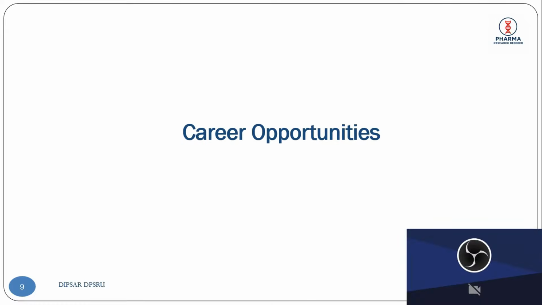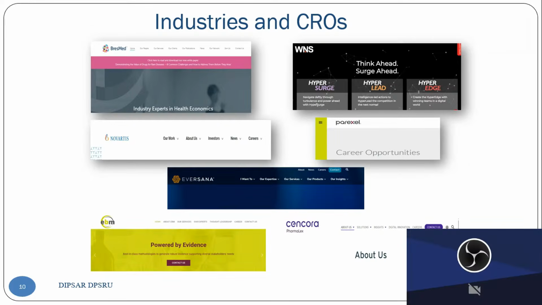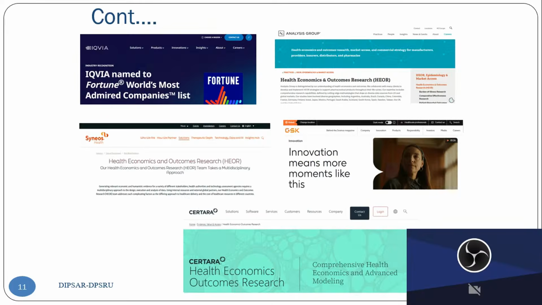So when we talk about career opportunities, every time our major focus is, okay, if I learn HEOR, or if you want to become an expert in HEOR, what are the opportunities in the market? You just do a Google search after this session, you will find that there are a lot of CROs. Eversana is there, Parexel is there, WNS is there, EBM is there, Pharmalex is there, IQVIA is there, Analysis Group is there, Syneos Health is there, big companies like GSK, Novartis.